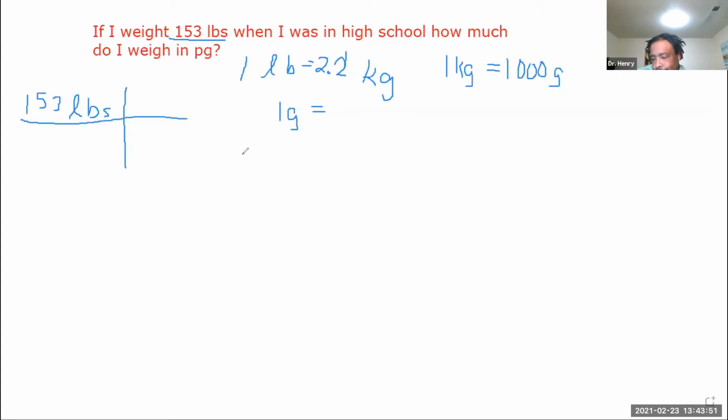Pico. Anybody? Not 1,000. You want to go up a little bit higher. Actually, a whole bunch higher. So let me give you a hint. A milli would be 1,000.